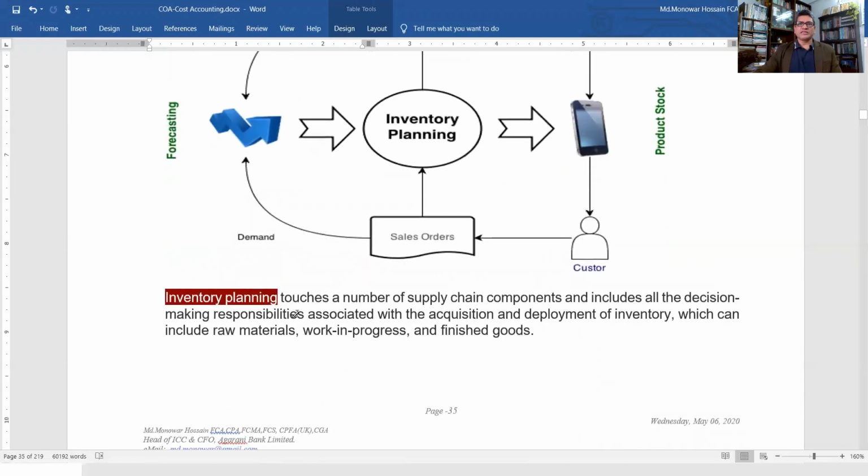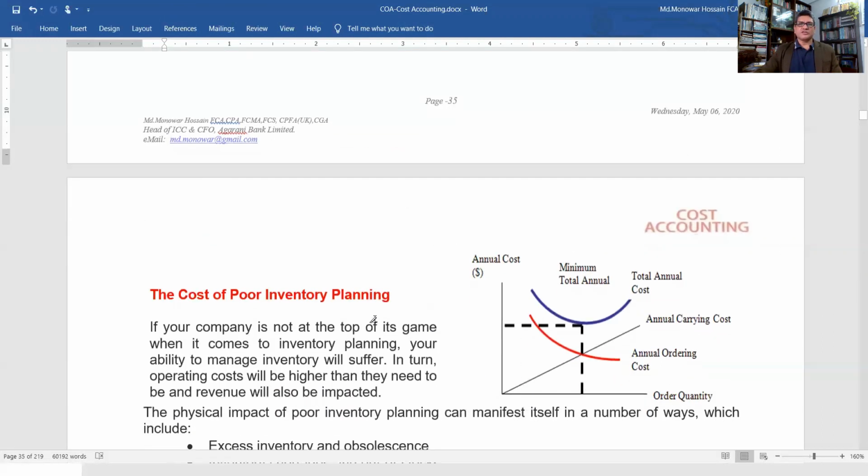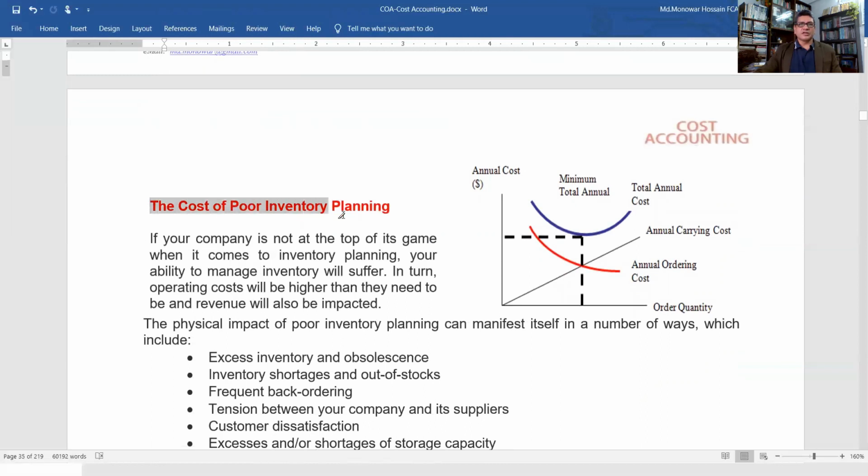Inventory planning touches a number of supply chain components and includes all the decision-making responsibilities associated with the inventory, which can include raw material, work in progress, and finished goods. So inventory planning is vital for cost control.